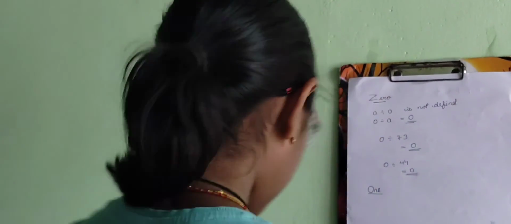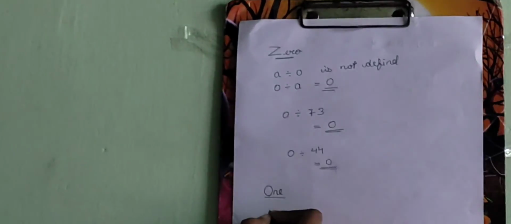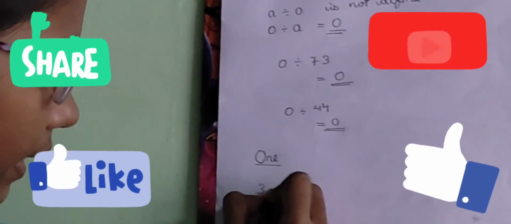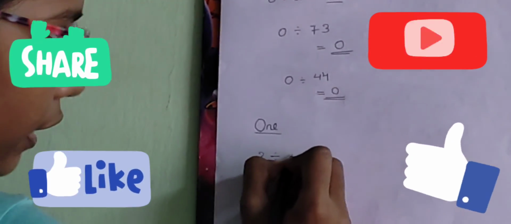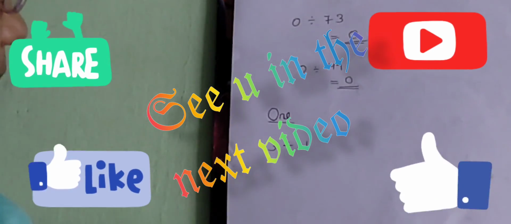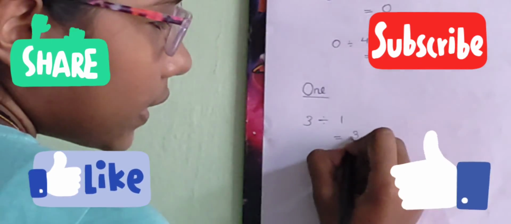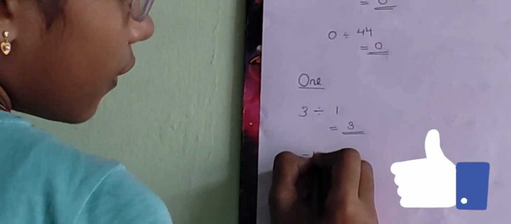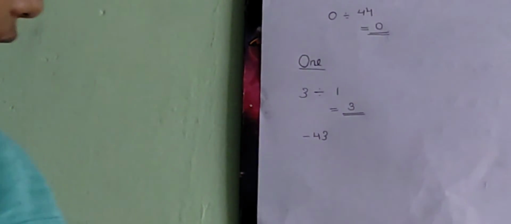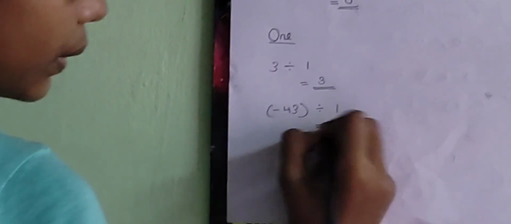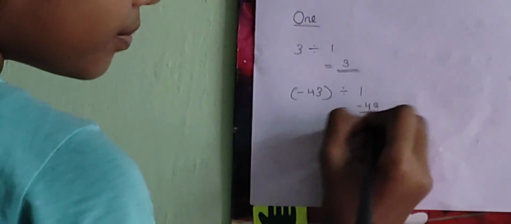For example, positive 3 divided by positive 1 is equal to 3. And negative 43 divided by 1 is equal to negative 43.